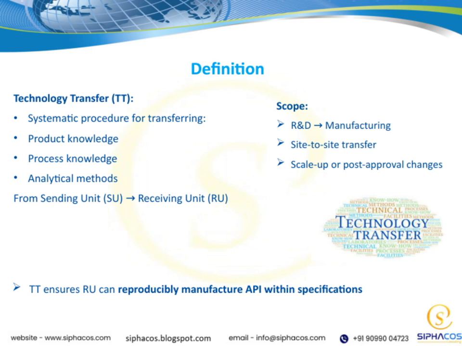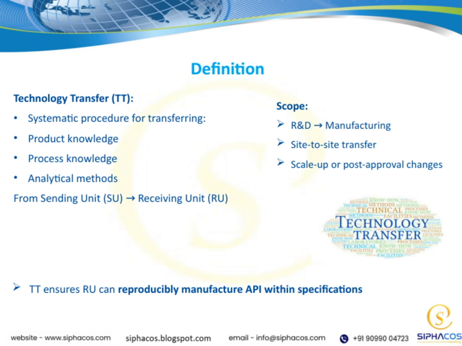The scope of TT covers everything from research and development, moving seamlessly into manufacturing. It also includes site-to-site transfers, which might happen if a product is being moved from one manufacturing location to another, as well as scale-up activities or post-approval changes that are often necessary as a product progresses through its life cycle.